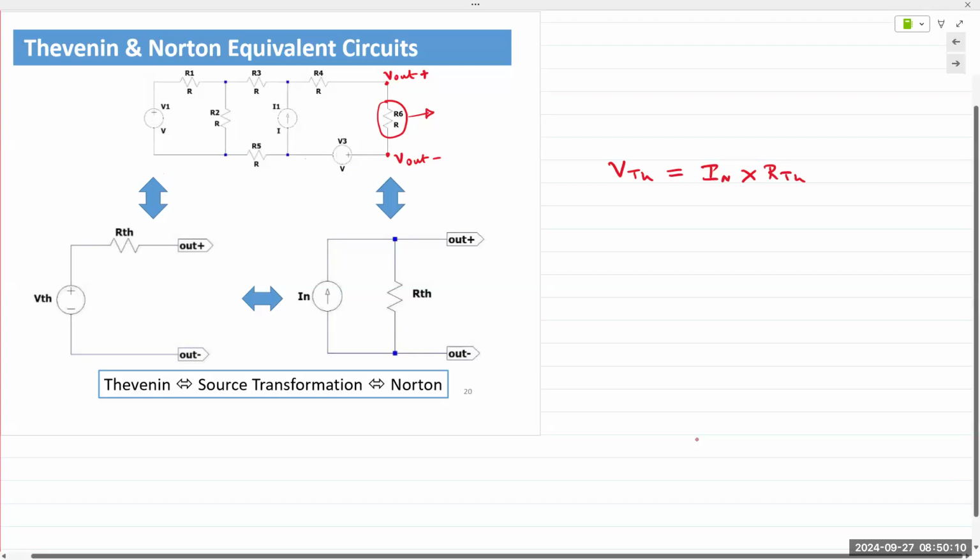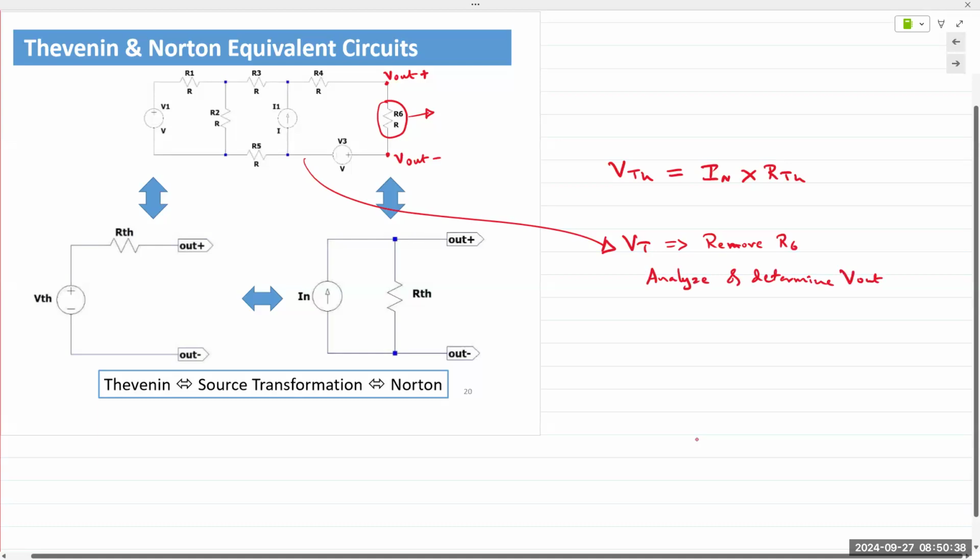All you have to do for Thevenin voltage is you take your output terminals. If there's a component connected there, perhaps you might want to remove that. So you remove R6 here and analyze the circuit and determine V out at those terminals.